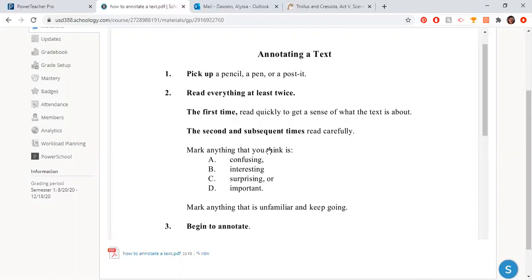The reason I have you get sticky notes is because you have a textbook that does not belong to you, right? Those stickies help you record your thoughts and think through it and put them in the spot where you want them without causing any damage to the book.